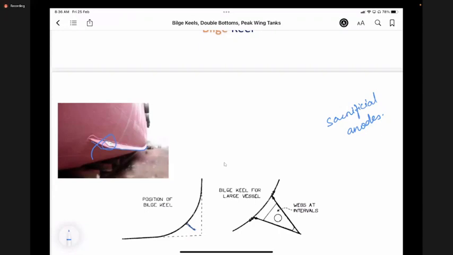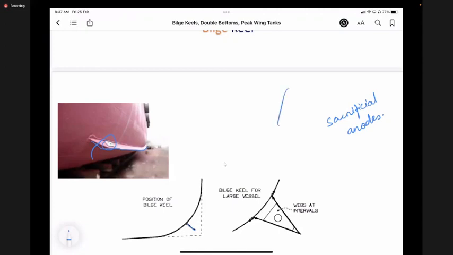But just to fix the bilge keel, it is not only the breadth that we count. We also have some hydrodynamic properties to be taken care of. We do not want these bilge keels to interfere with the hydrodynamic properties of the ship. When a ship moves, you will see that very close to the ship, there will be a thin layer of water which will be almost traveling along with it. You feel that?